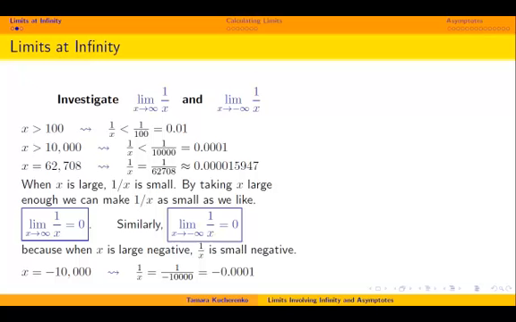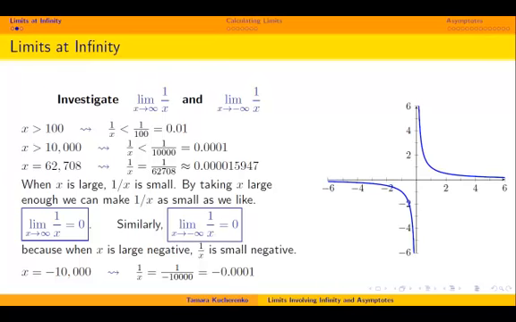This is a small negative number, close to 0 on the left. The graph of y equals 1 over x is a hyperbola. We see that the curve approaches the value y equals 0 when x is large positive and large negative.